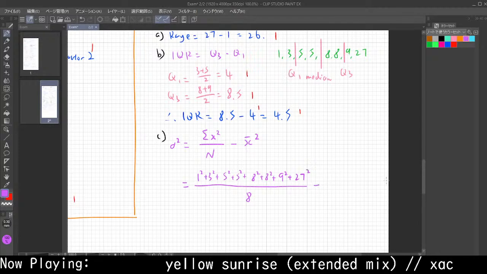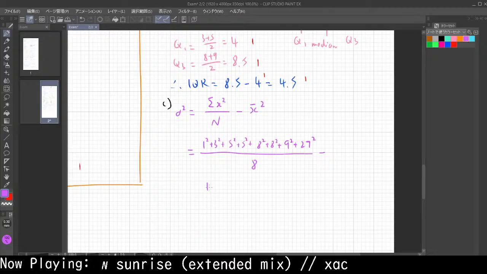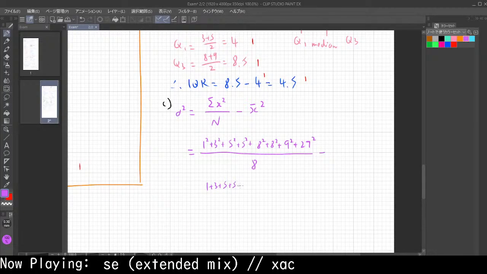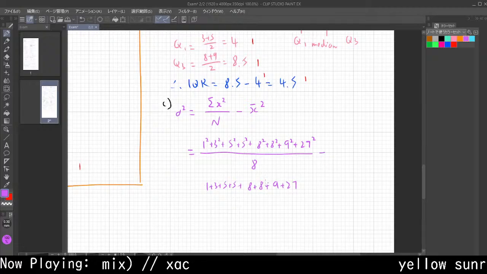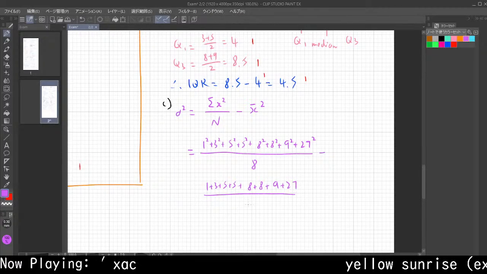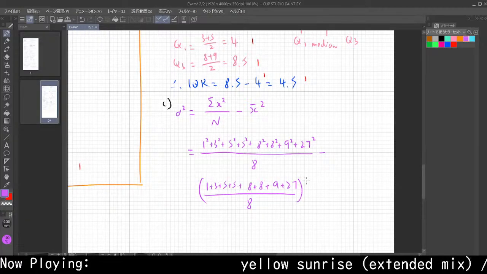Then you want to minus out your mean. Your mean would be 1 plus 3 plus 5 plus 5 and so on. You add all the numbers together, then divide by the total number of things. This is your mean. Then you square it.